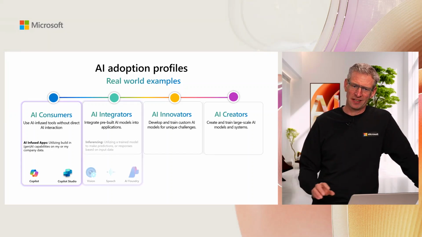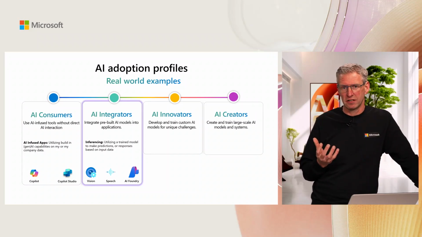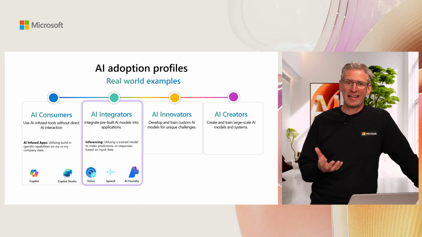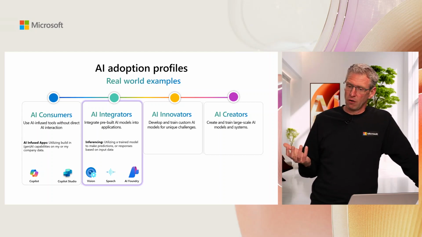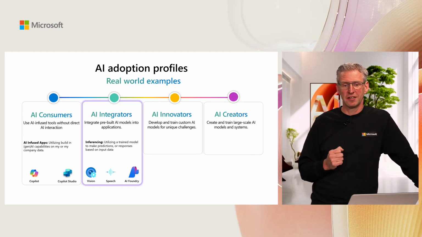If you then look at the second audience, that is the AI integrator. What they typically do is take an existing application that they infuse with AI capabilities available in the Azure platform, and then enrich their application and let it land on the Azure platform. An example is a big grocery company in the Netherlands.